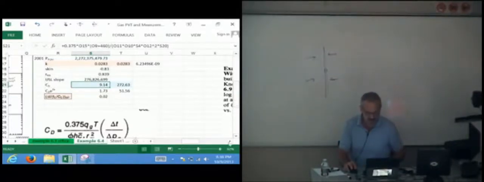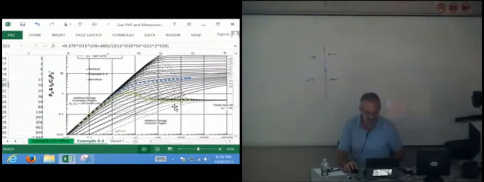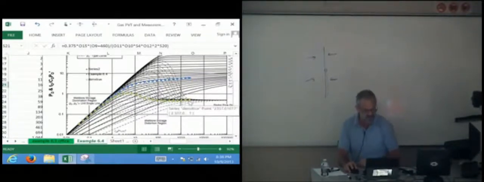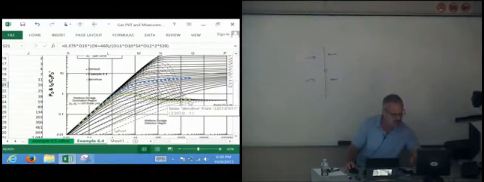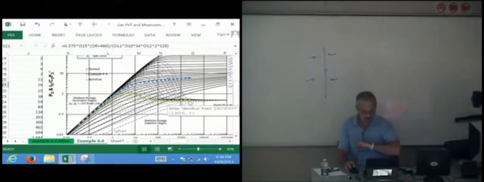But I am glad that I picked up on the fact, this bothered me too, that I was dovetailing away from that. See, now I got a nice infinite acting radial flow that verifies that I have middle time region data. Okay, I'm done recording. Now the permeability would be obtained from the type curve matching.